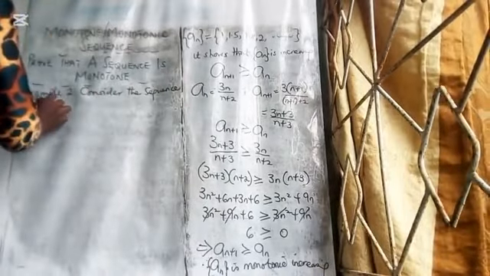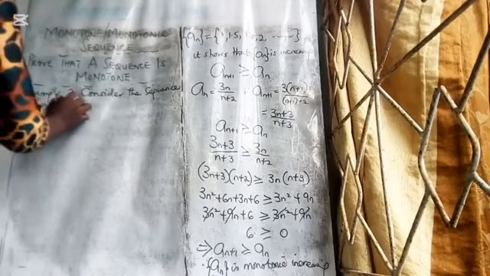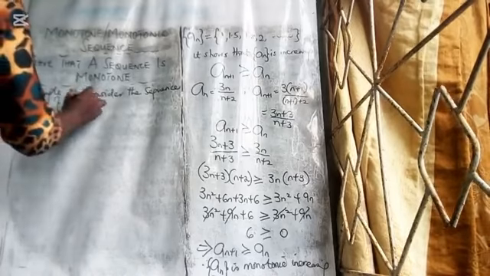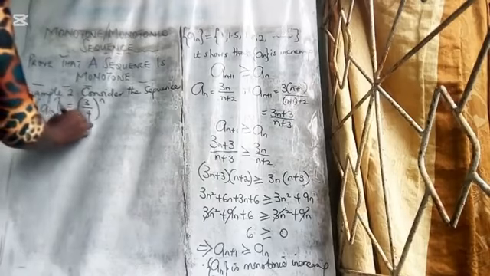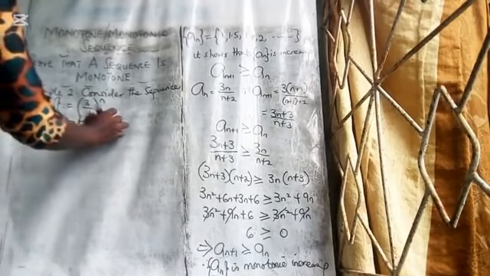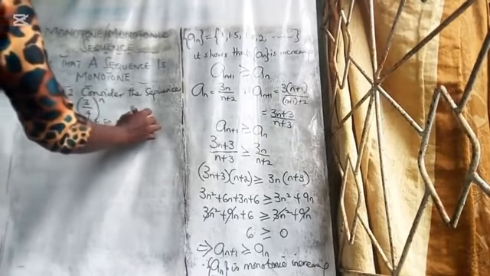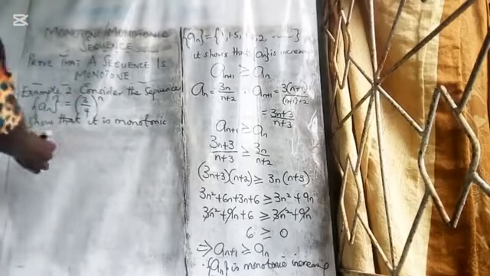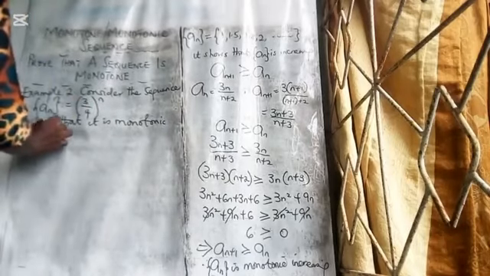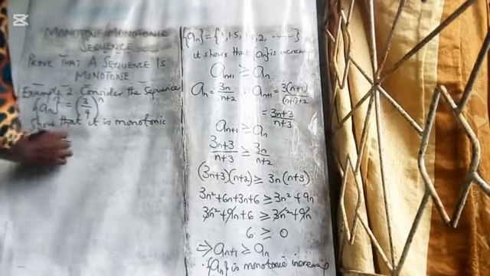Consider the sequence a sub n defined as 3/4 raised to power n. Show that it is monotonic. Again, the first thing we need to do is to recall the definition for a monotone sequence.